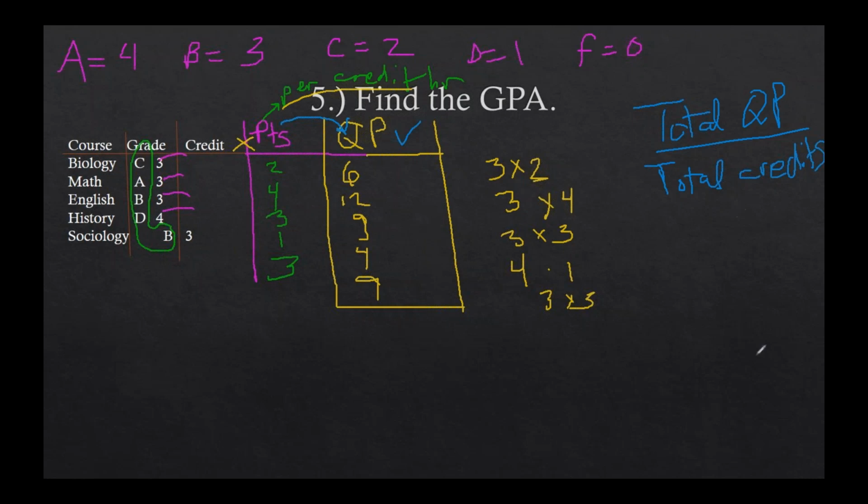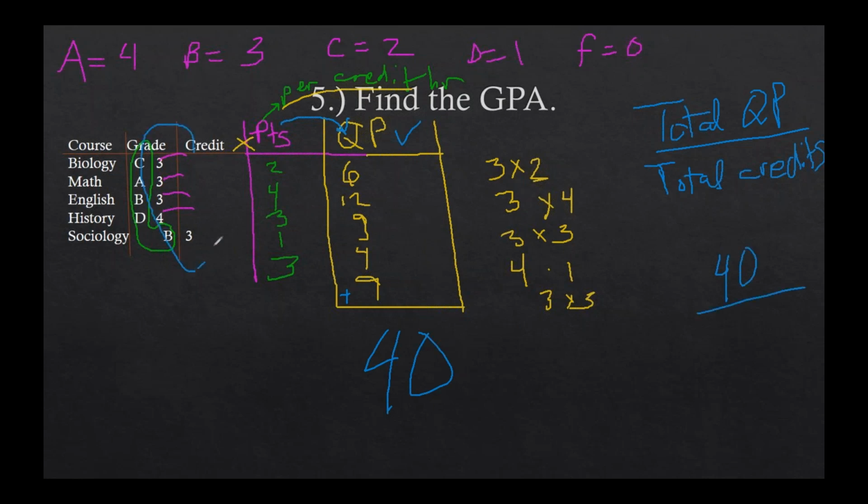Very different. So in this example, how many total quality points did we earn? 40 is correct. So my numerator when finding my GPA is 40, and then it's divided by the total credits.